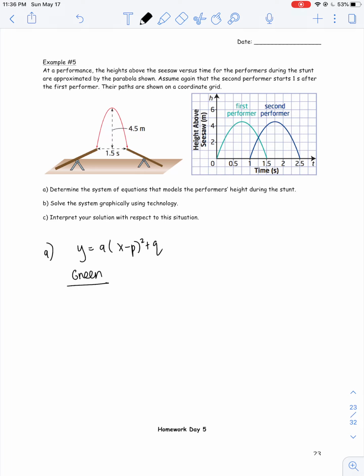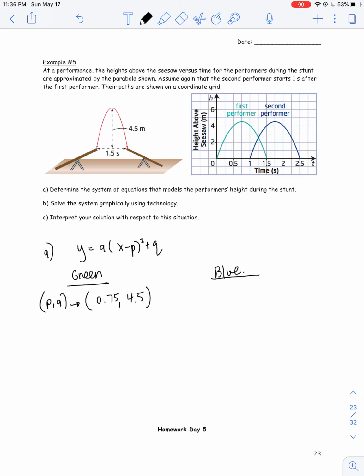The green one, we can see that the vertex, the p and q, will be the coordinates of 0.75, comma, and the height is halfway between 4 and 5, so we can say 4.5.